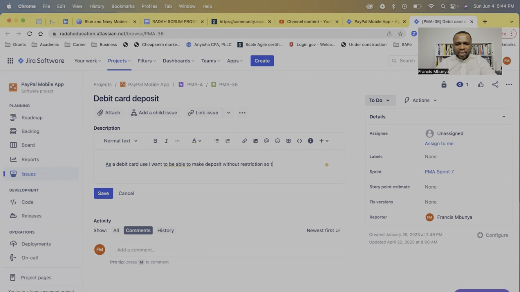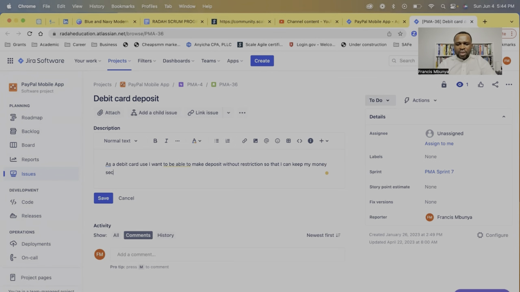So that I can keep my money secured in my account anytime I get paid. Let's say if we're restricted, maybe sometimes you can get paid and the money will not get to your account because you've already had your 5 deposits.